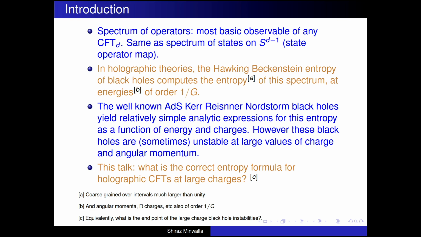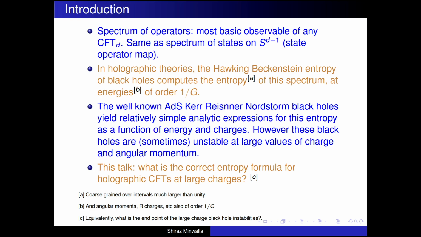However, if you were interested in the entropy as a function not just of energy, but energy and charges, angular momentum and other charges, this usual exercise has a well-known problem. The usual black holes that we look at, Kerr AdS black holes or Kerr-Newman AdS black holes, usually go unstable when their charges become large enough, near enough to extremality.